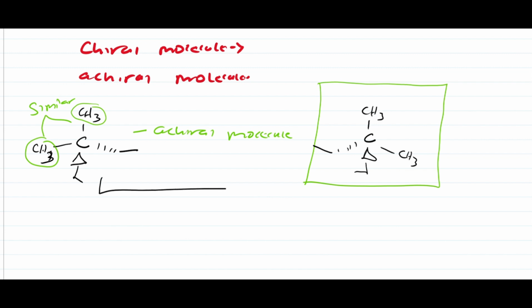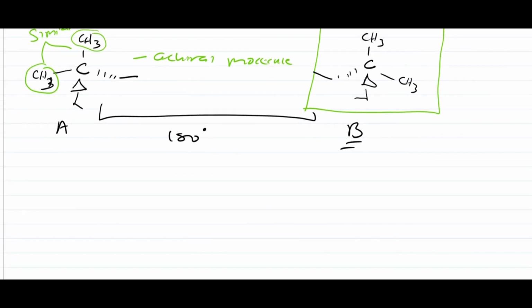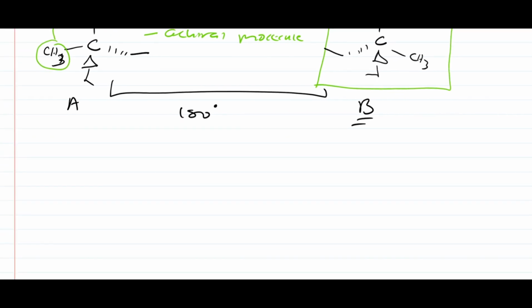But what makes these molecules achiral? If I rotate molecule A 180 degrees, I will get molecule B. So those molecules are not chiral molecules and are called achiral molecules.